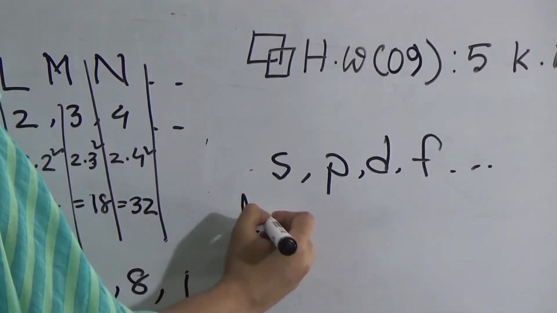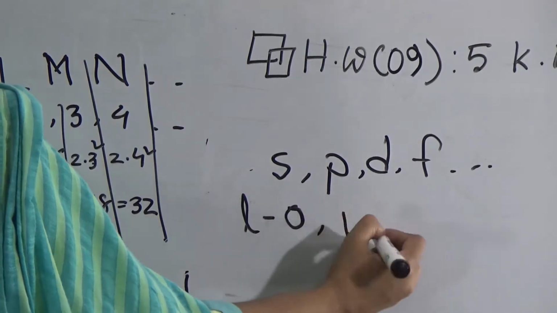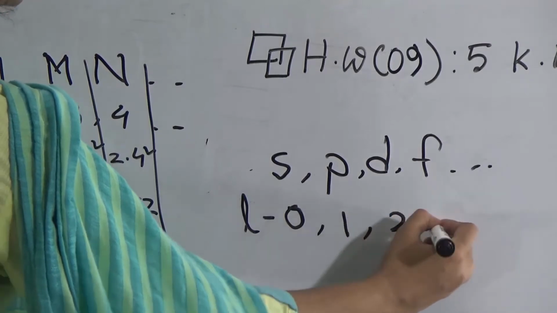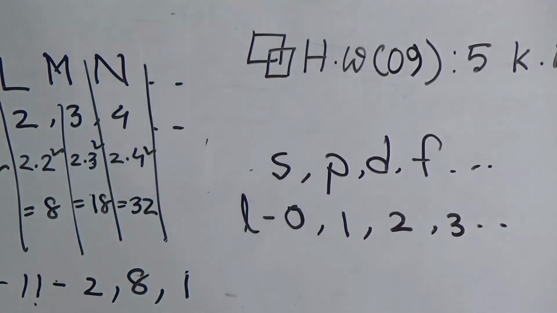If it is L, the value of S will be 0, the value of P will be 1, value of D will be 2, value of F will be 3. And again I am saying the value of principal energy level is expressed by N, and the sub energy level is expressed by L, and the S orbital's value is 0, P orbital value is 1, D orbital's value is 2 and F orbital's value is 3.